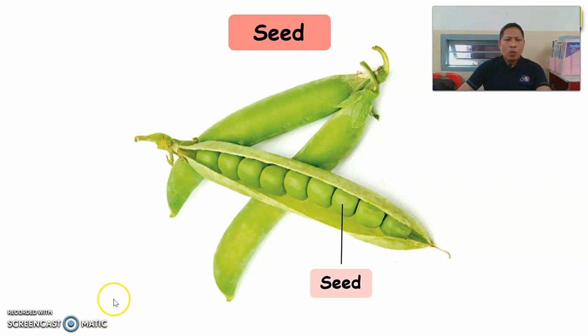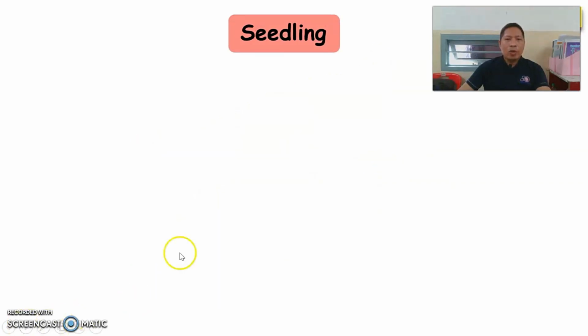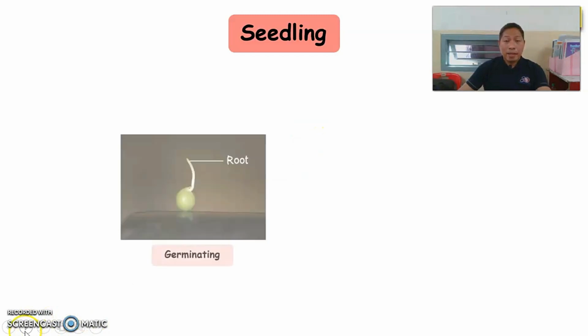Now, the seed is the first part of the cycle of the plants. And then it will become a seedling.